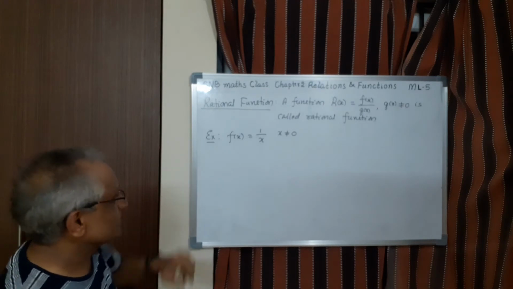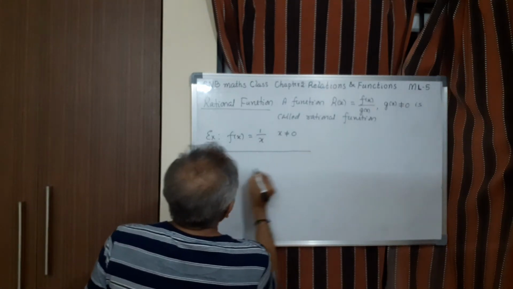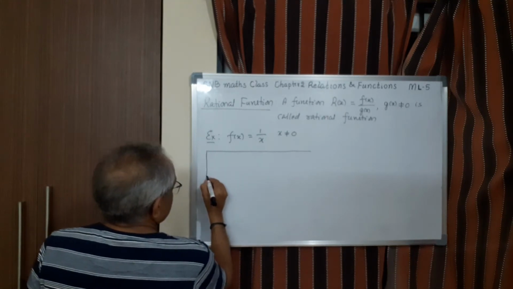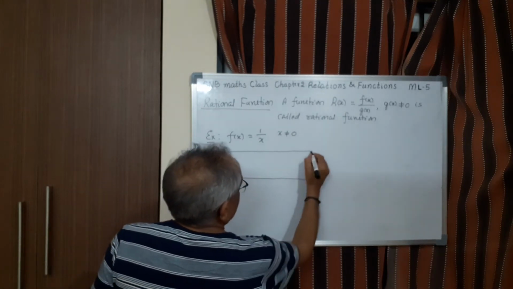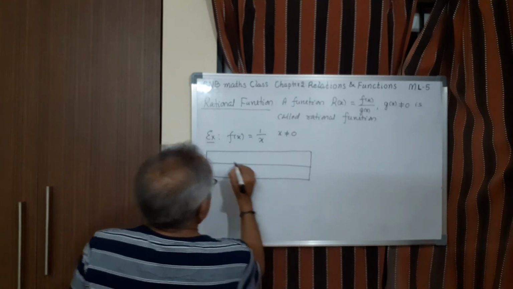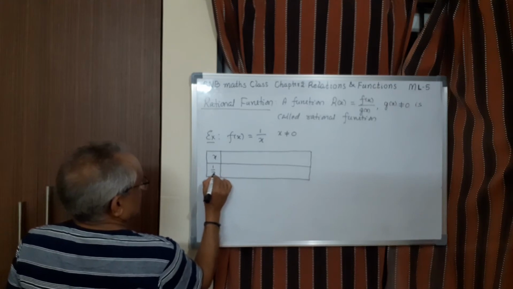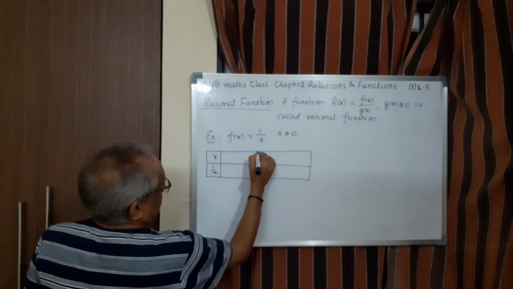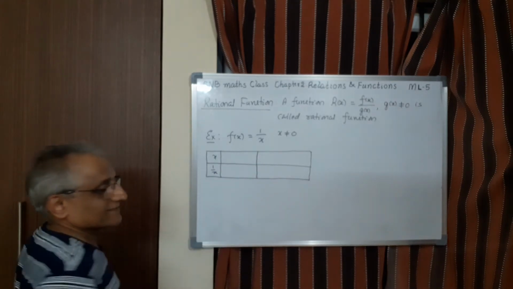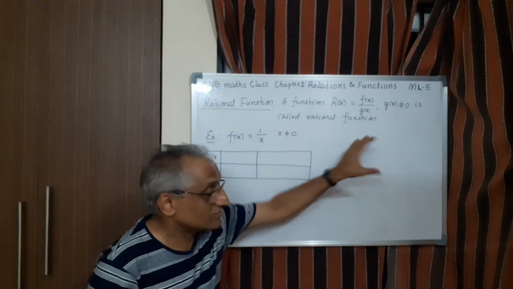So what you have to do here is, see, this requires actually a relatively bigger table like this. Let me divide this into two parts actually. So one table I will prepare like this. Say one is x and 1 by x, but I will take here also two separate cases so that it is easy to draw. You will understand why I have done this once I draw the graph.